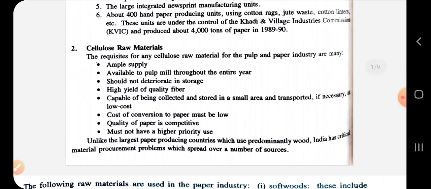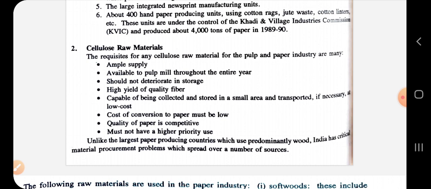Cellulose based raw materials for making pulp. Now when we say pulp, pulp making is nothing but separating the fibers from the wood cellulose. So what grade of raw material are we looking for, what quality should be there?